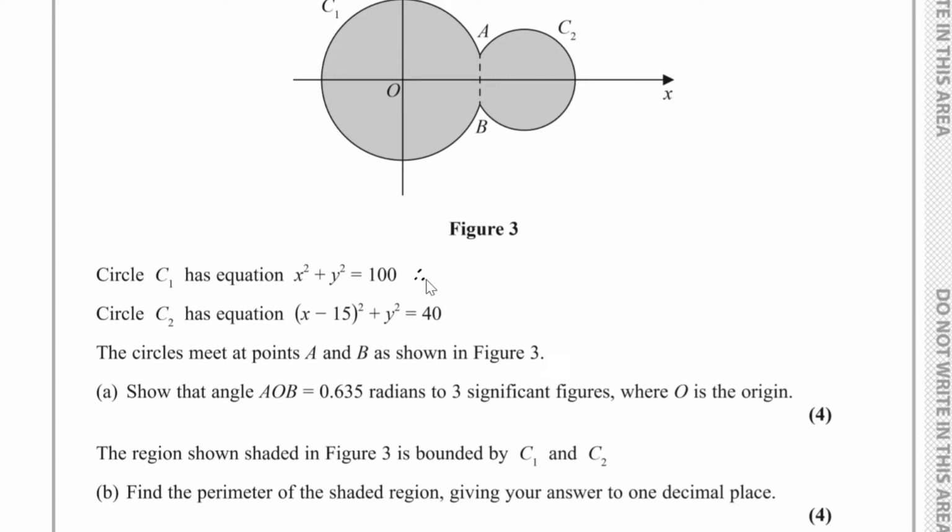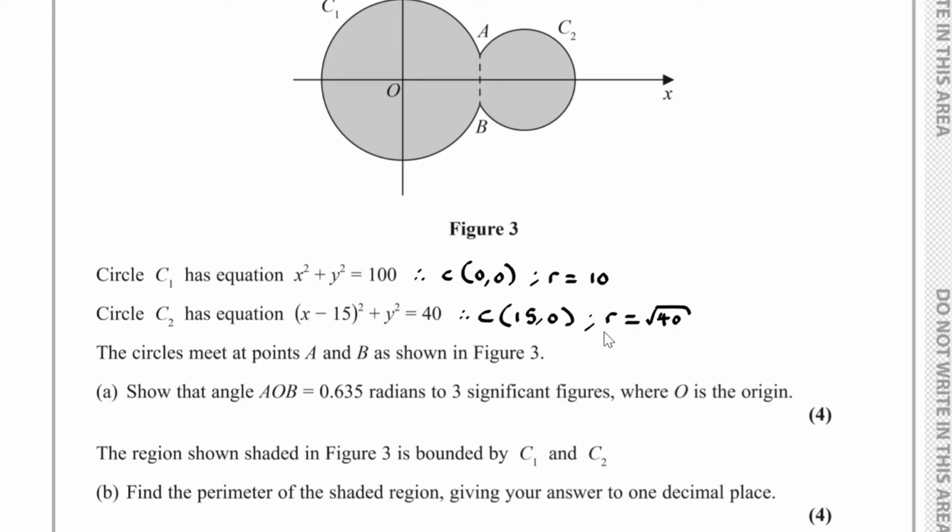Well, hopefully here you can see that the centre is at the origin and the radius is equal to 10. And similarly here, the centre has coordinates 15, 0, and the radius is root 40.